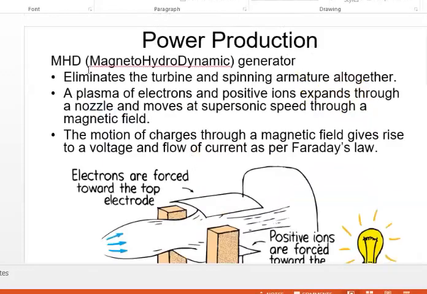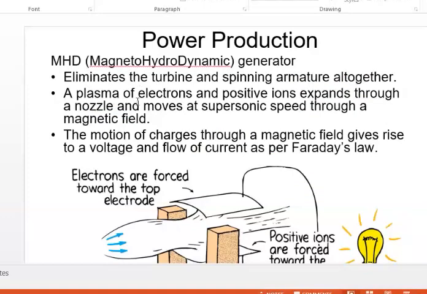Now, the magneto-hydrodynamic generator, MHD. This eliminates the turbine and a spinning armature altogether.